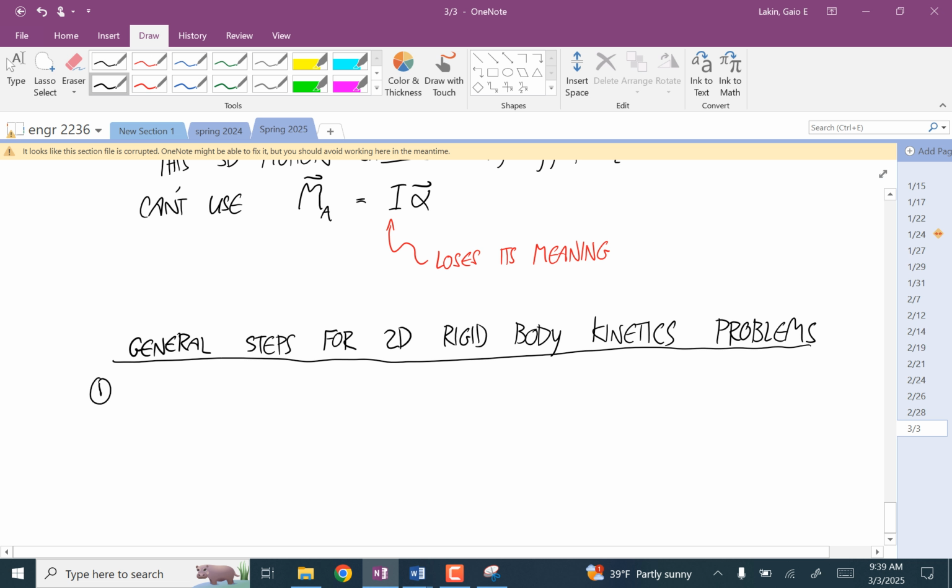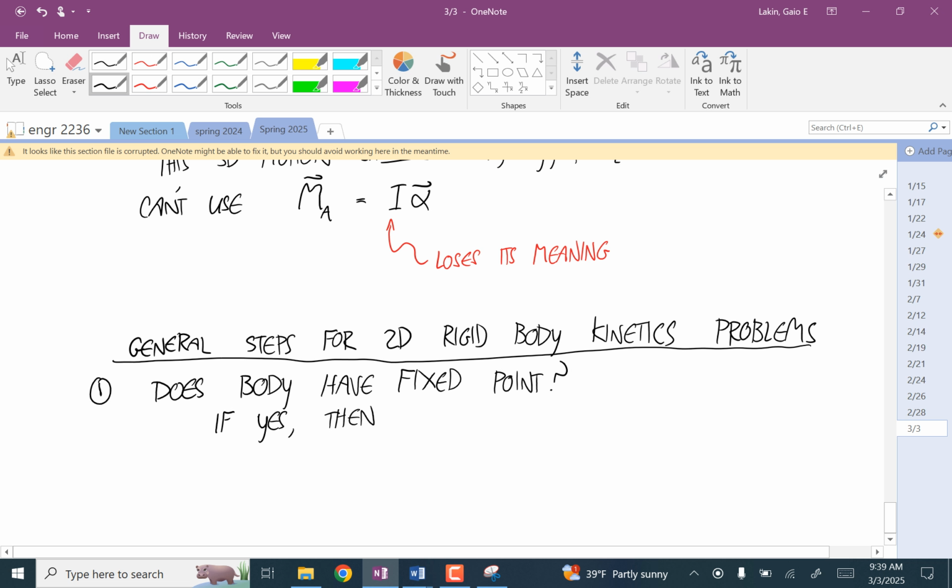Is the body connected to the ground by a pin joint or a ball and socket joint? If it does, then that's your about point. If it doesn't, then the center of mass is your about point.